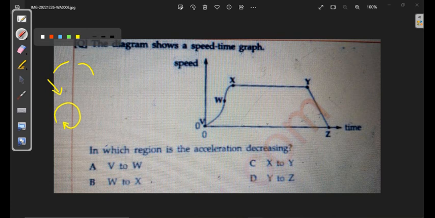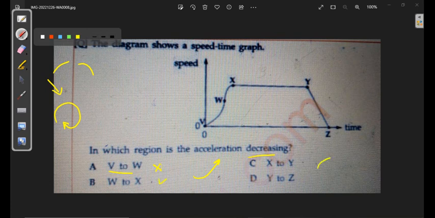So let's see what we've been given. From V to W, the line is looking like this, so that's not decreasing, so this can't be the answer. And then from W to X, we can see the line is looking like this, so this is okay.